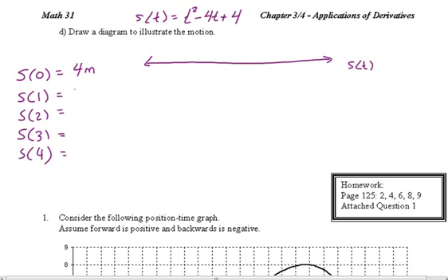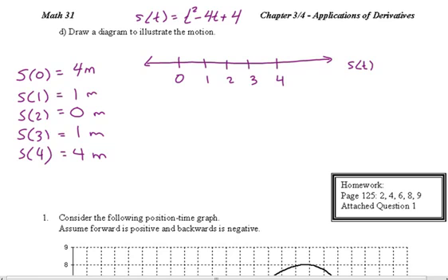So 1 minus 4 plus 4 is 1. At 2, 2 squared, which is 4, so 4 minus 8 plus 4 is 0. At 3, 9 minus 12 plus 4 is 1 meter. And at 4, it's going to be 4. Okay, so we'll put 0 here, 1, 2, 3, 4 meters.